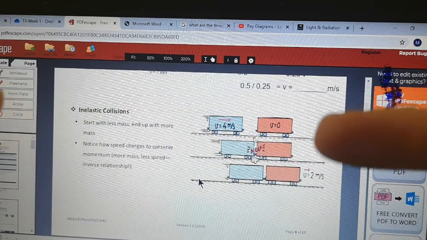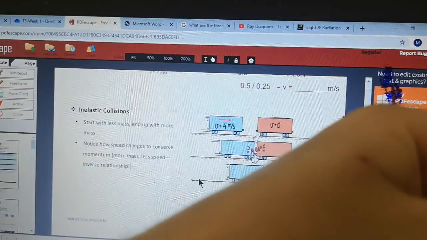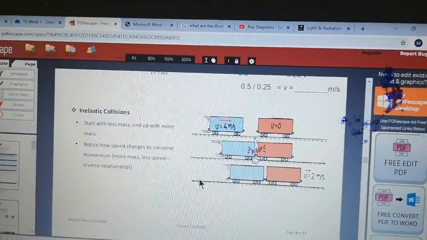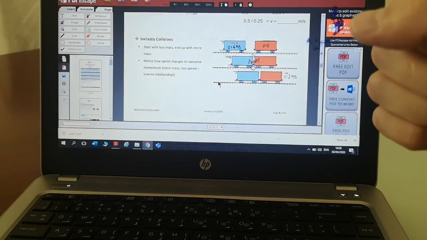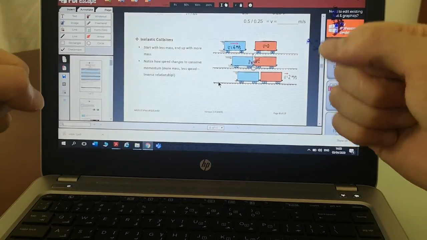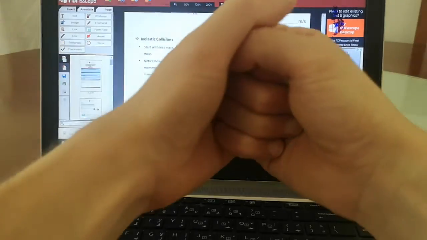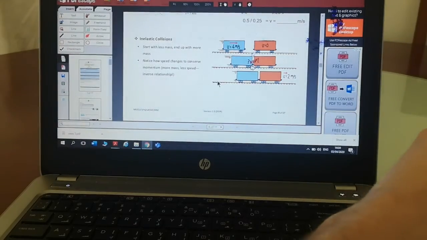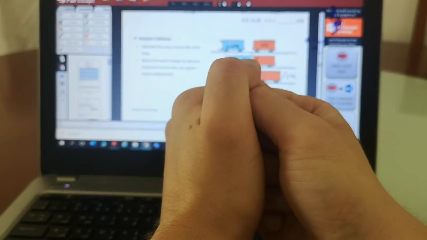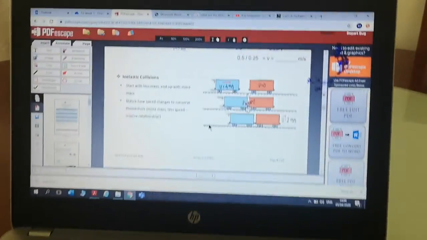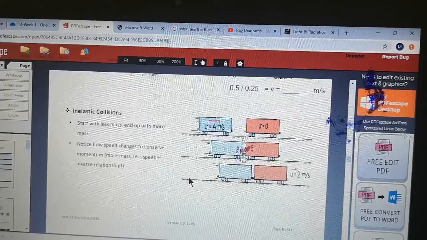But this time what's going to happen is they will connect and then move. I'll zoom out a second so you can see. So a good example is if I'm playing American football and here's my player and here's my player and he's running into him, he tackles him and they both fall to the ground together. So they will both move as the same mass. They become one mass. This is an inelastic collision. They both move together after the hitting.